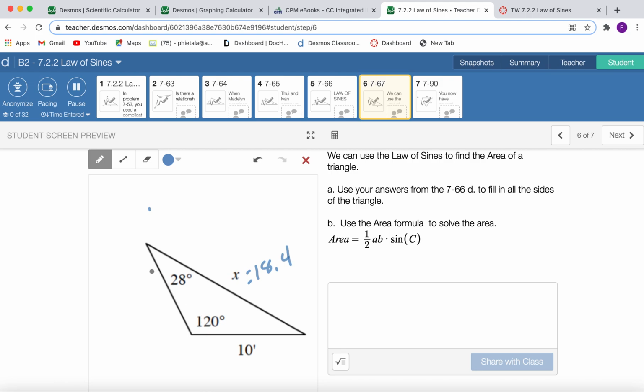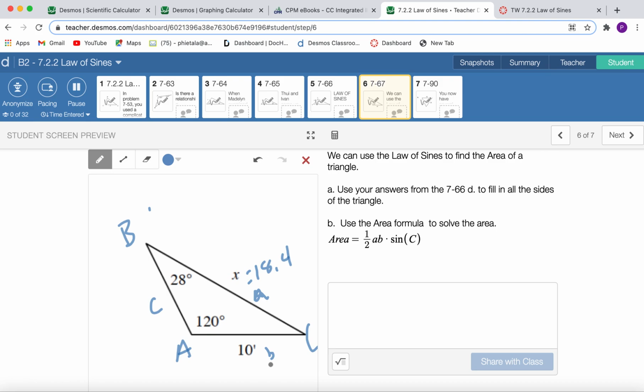so we have an angle. Let's go angle C. So this is side C. Angle A. And angle B. Remember, they're all proportional, so it doesn't matter where we put them.